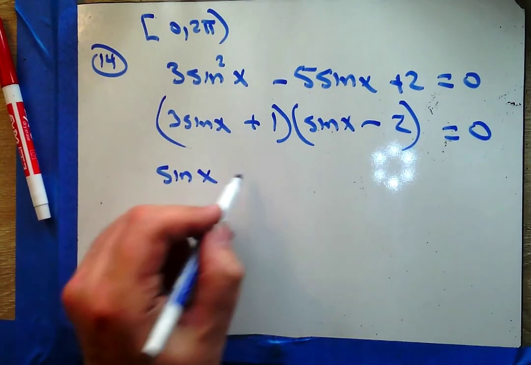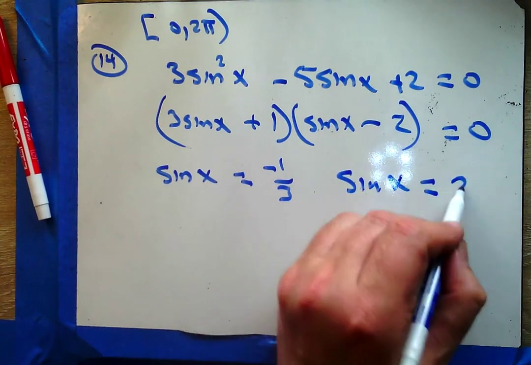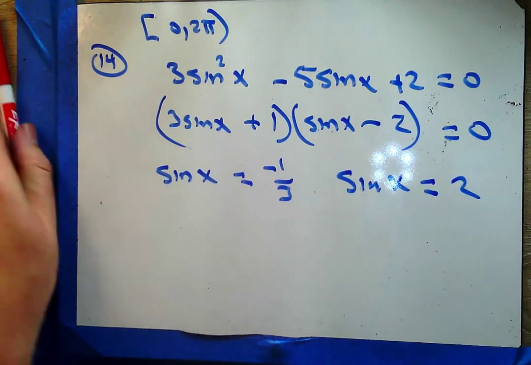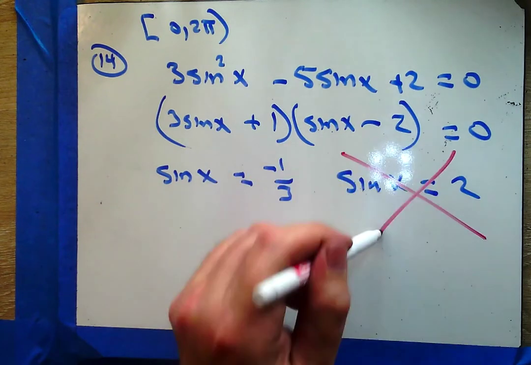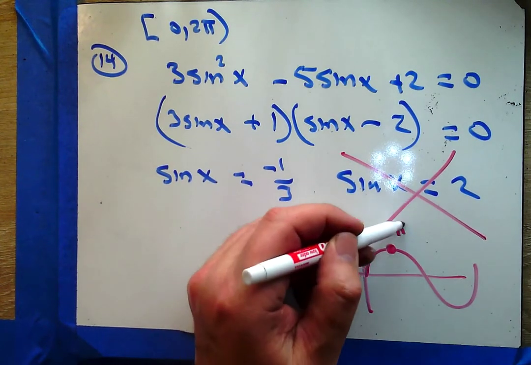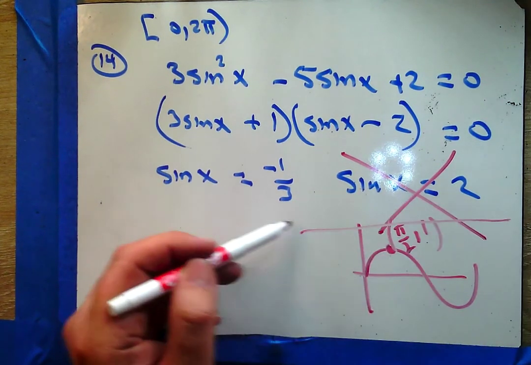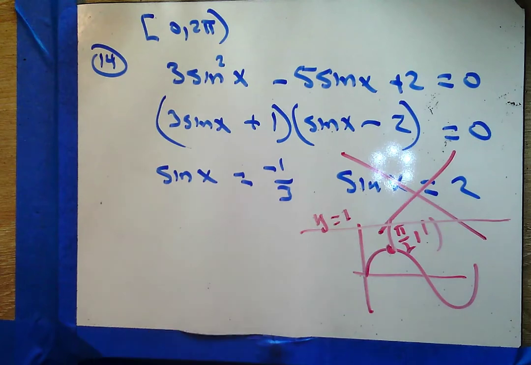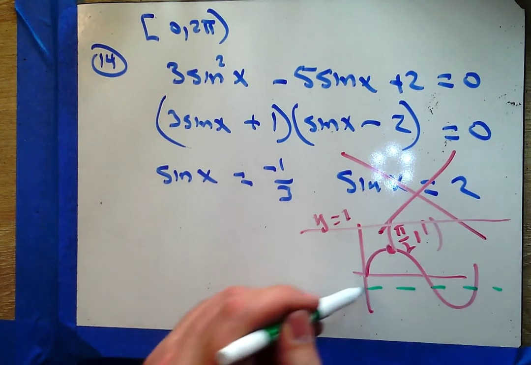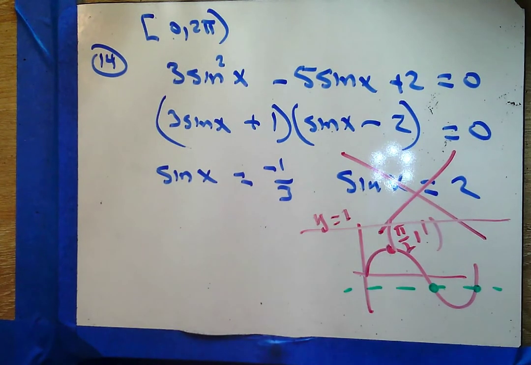So I know sine x equals negative 1/3, and I know sine x equals 2. Well, sine x can never equal 2. We know from our sine graph that the highest y value is 1. So sine can never intersect the line at y equals 2. But sine can equal negative 1/3 on 0 to 2 pi in third quadrant and in fourth quadrant.